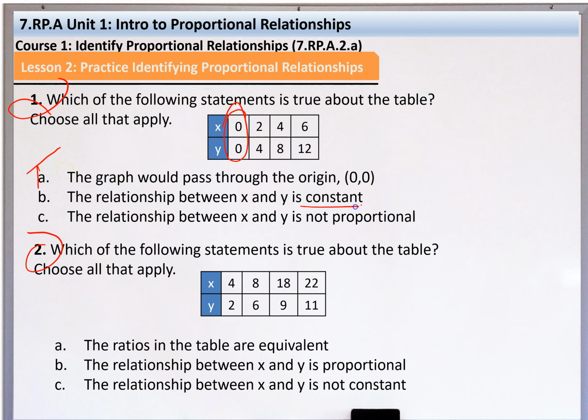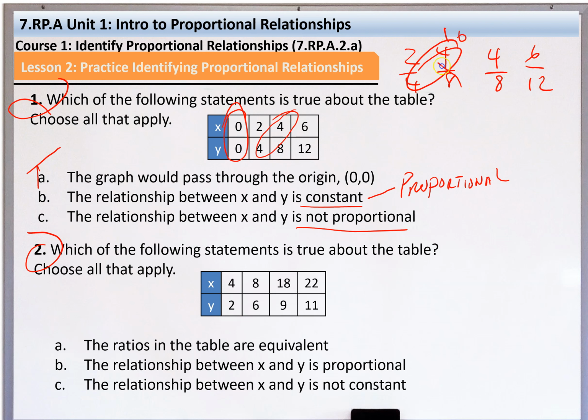And the next two just want to know if it's constant or non-proportional. So if it's a constant relationship, that means it must be proportional. So let's see if it's proportional or not. We can do a couple of ways, actually. We can do 2 to 4, 4 to 8, and then check 4 to 8 and 6 to 12.